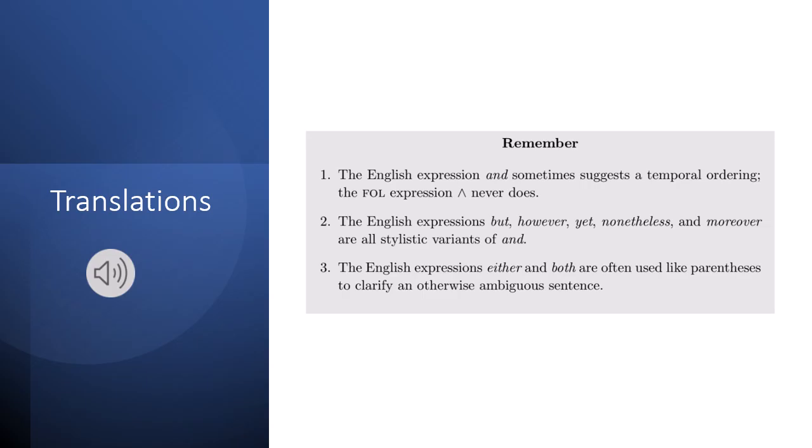In the section, they talk a little bit about how what comes after a "but" is often supposed to be thought of as maybe a surprise, something out of the ordinary. So there are suggestions that these words have in ordinary English that just can't be translated into first order logic. And anytime you see but, however, yet, nonetheless, and moreover, you should translate them as a conjunction or vice versa. That's a nice way to vary up your translation. If you're coming back into English, you might be able to use something like this.